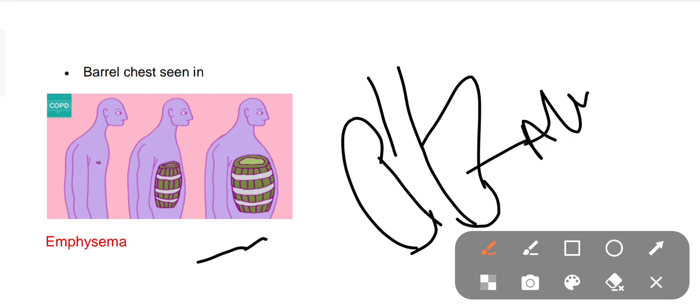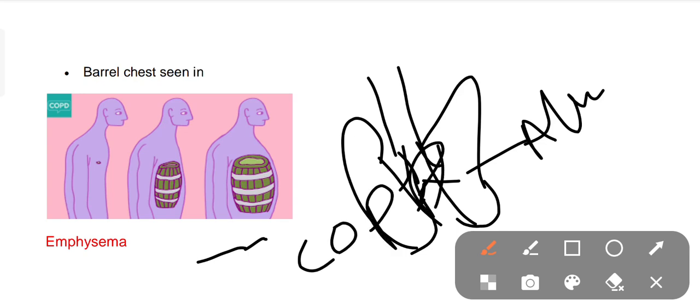Alveoli are the cells of the lung. So when the patient has a blockage or any damage, abnormal conditions in the lungs, mainly COPD and emphysema, in these conditions we can see barrel chest.